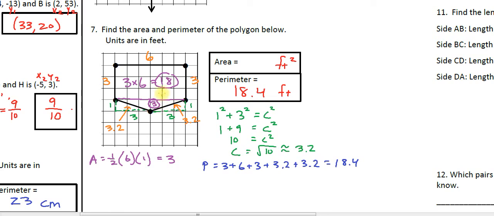And we know the area of the whole shape is adding those two numbers together. So the total area is equal to 18 plus 3, which is 21. So the area of this composite shape is exactly 21 feet squared. We'll continue with question number 8 on the next video.